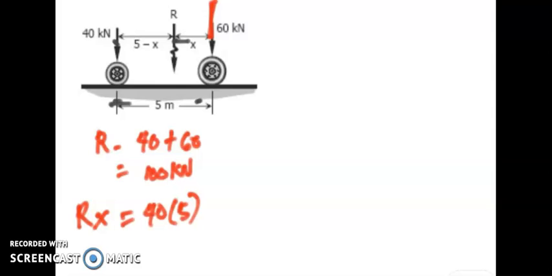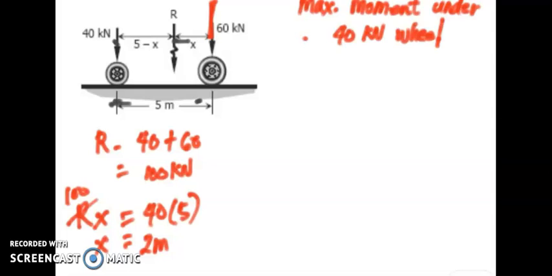Substituting the value of R, which is 100, X is equivalent to 2 meters. Now let us identify the maximum moment under the 40 kilonewton load.